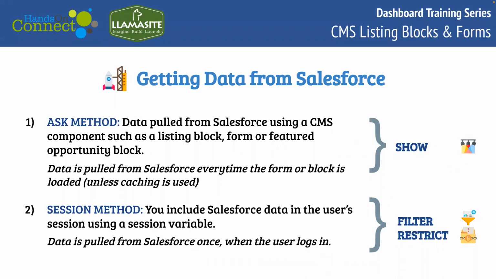So let's start with getting data from Salesforce, because for all 3, show, filter, and restrict, it's very likely that you're going to use data from Salesforce to determine how you're going to do this. If you're going to show data, most likely you're pulling it from Salesforce, from a custom object, from your account, from your affiliation, to show it to the user.